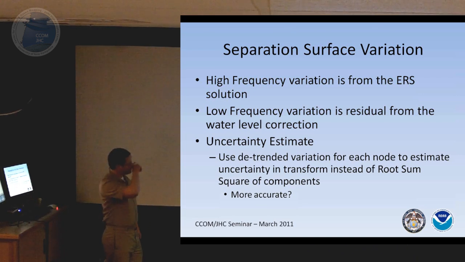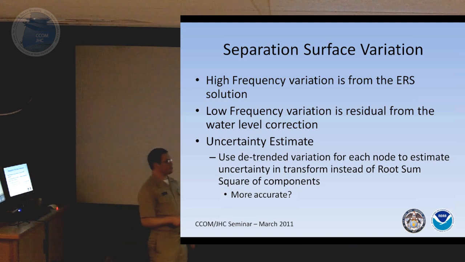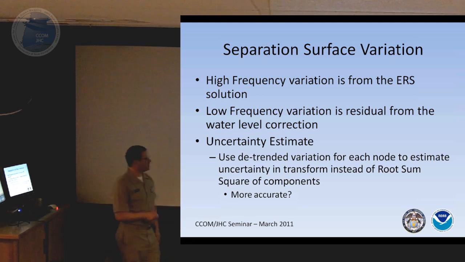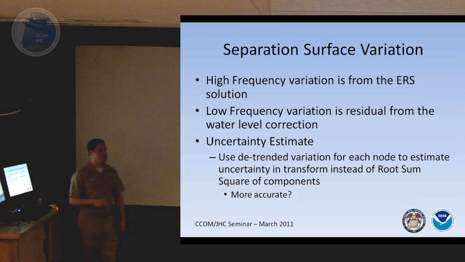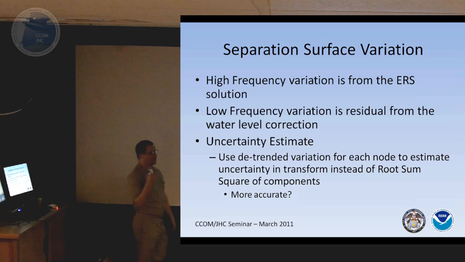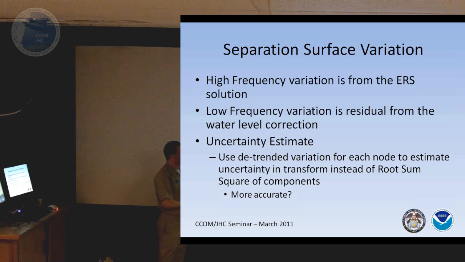And I think that trying to do some kind of a regression technique to produce the surface and then look at the residuals to get an understanding of that variation in the surface is the way to go. I think that if you CUBE it, you're probably pulling out a lot of those kinds of things that you want to have in there so that you really understand what the uncertainty in your water level measurement is.